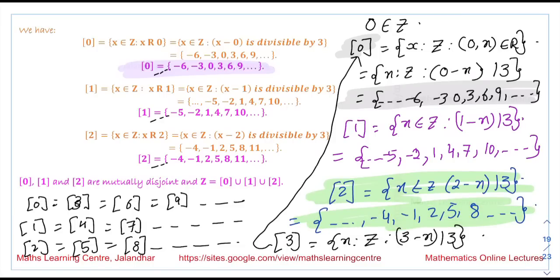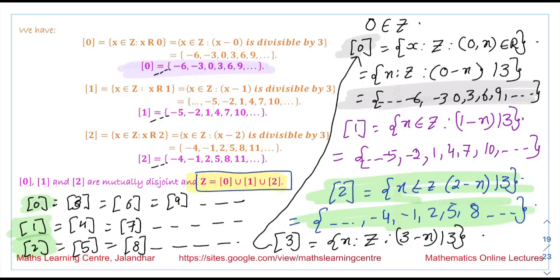So we are saying these three equivalence classes 0, 1 and 2 are mutually disjoint. So we are writing over here that Z is equal to equivalence class of 0 union equivalence class of 1 union equivalence class of 2, and this is called the partition of Z into mutually disjoint equivalence classes.